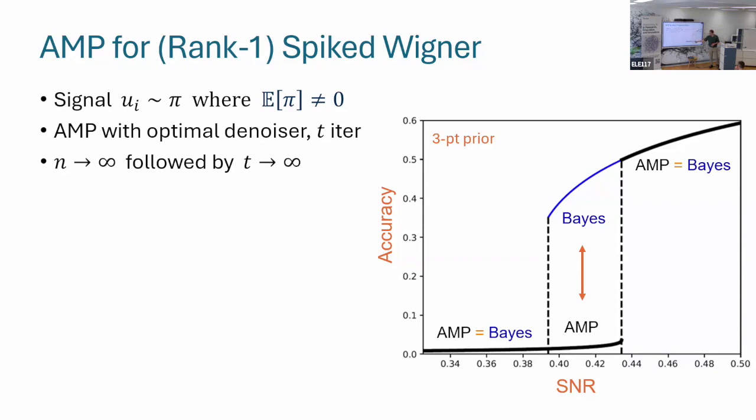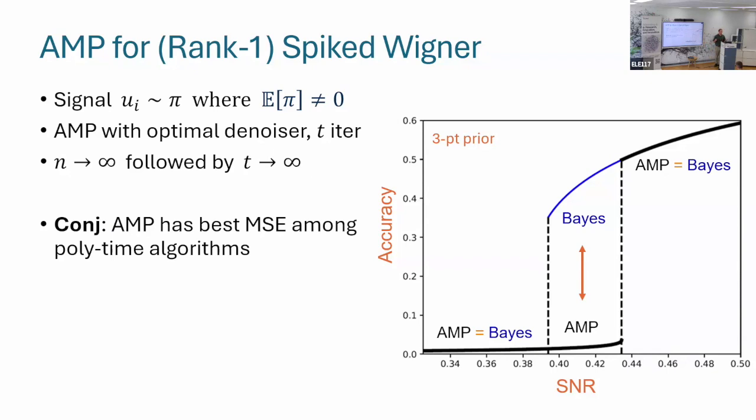If you're in between these 2 phase transitions, the AMP error is not so good, whereas the optimal Bayesian error is a lot better. So the question we're asking is, can you do better than AMP? We know that with a slow algorithm, a brute force search, you can do better. But can a fast algorithm do any better than this precise black curve here?